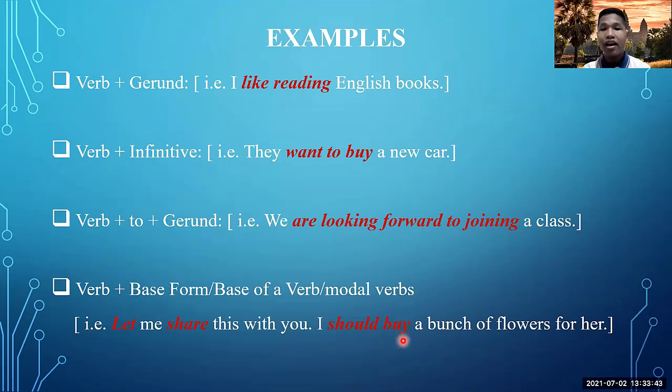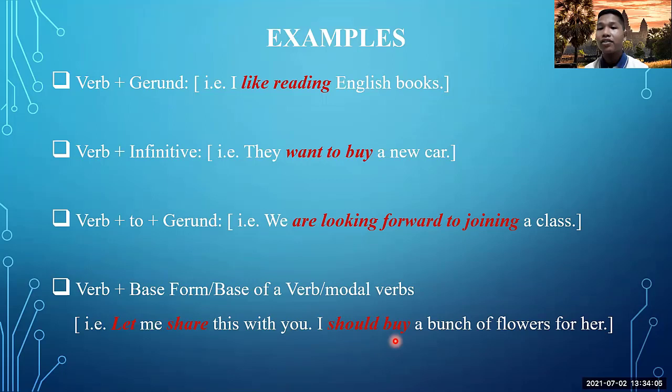For example, I should buy a bunch of flowers for her. So should here is a modal verb. After a modal verb, we don't add s, even though we say he should buy a bunch of flowers for her. We don't add anything because it is after the modal verb.